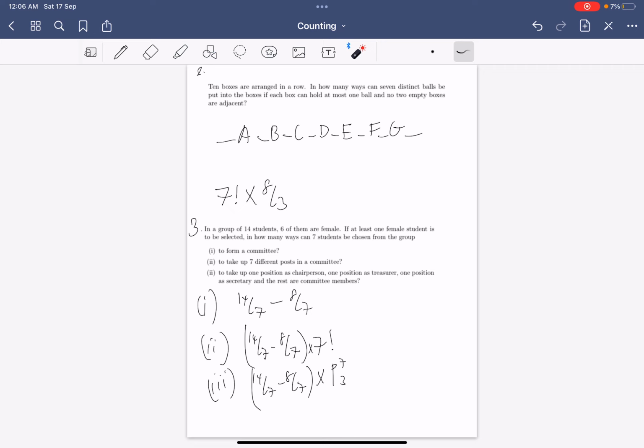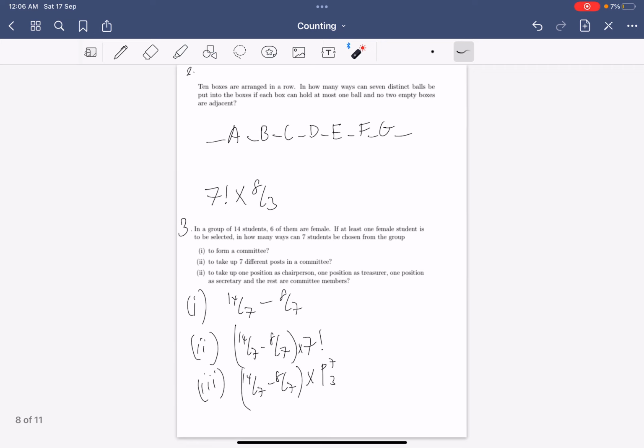And so you now have 8 possible slots, and you just need to choose 3 of them to put these identical empty boxes. And so it's 8 choose 3. The reason why we slot them is again because no 2 empty boxes are adjacent to one another.